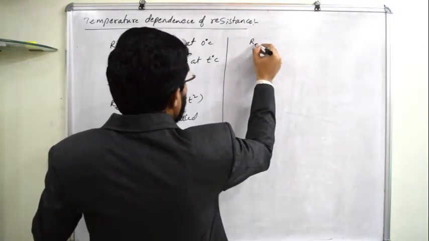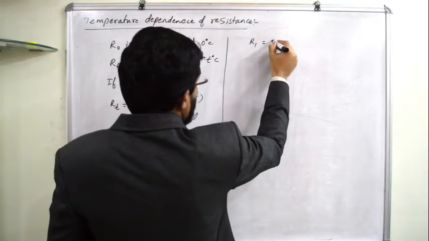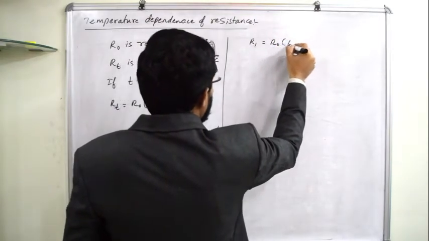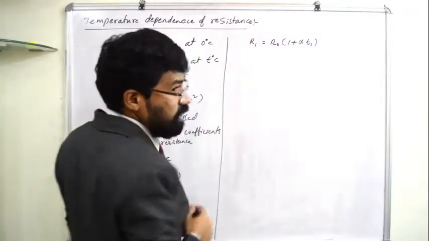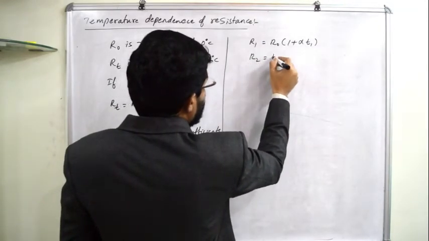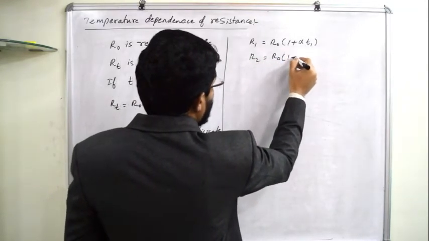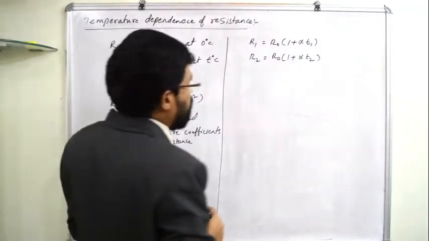At a temperature T1, the resistance is R1, expressed as R naught into 1 plus alpha T1. At a temperature T2, the resistance R2 is equal to R naught of 1 plus alpha T2. These are the two equations.